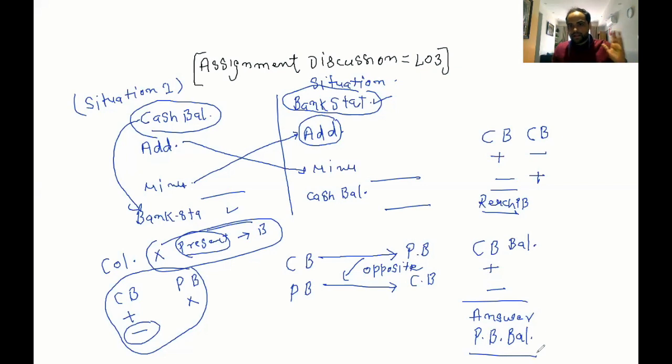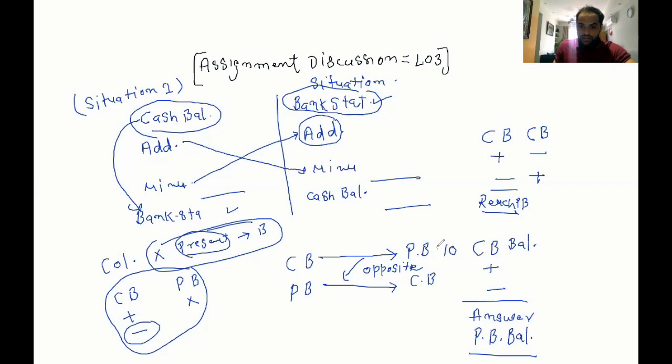Now, if you have this in your question and you want to find this, what are you going to do to get this number? You will subtract and add. I mean, you will add this one, subtract this one, then you will reach this one. So let me write some numbers.